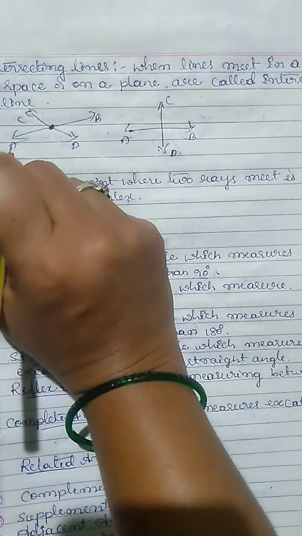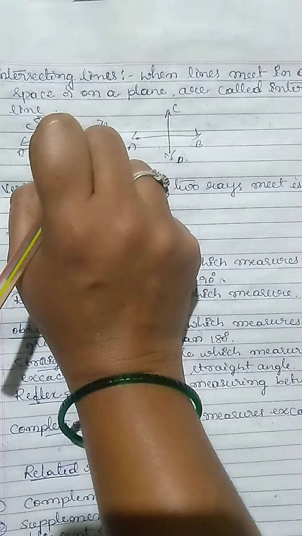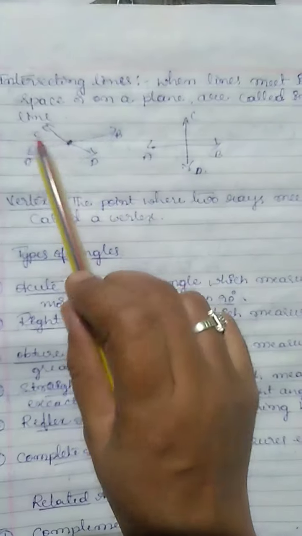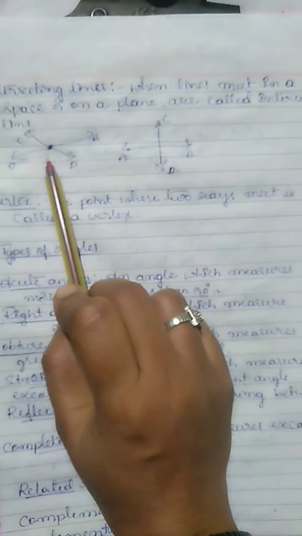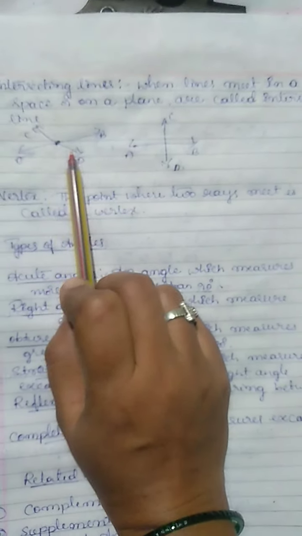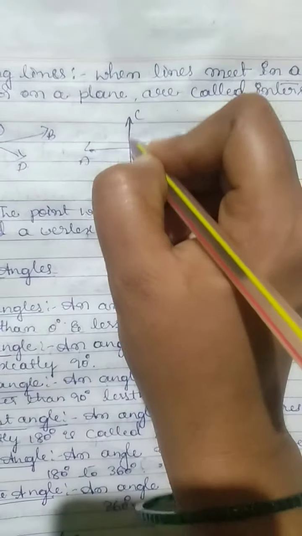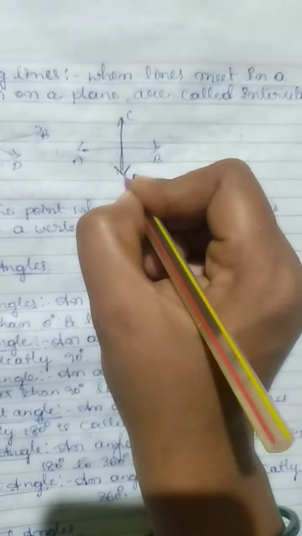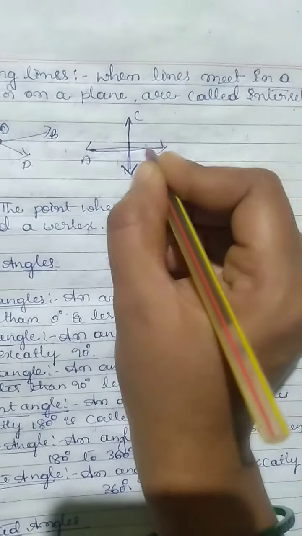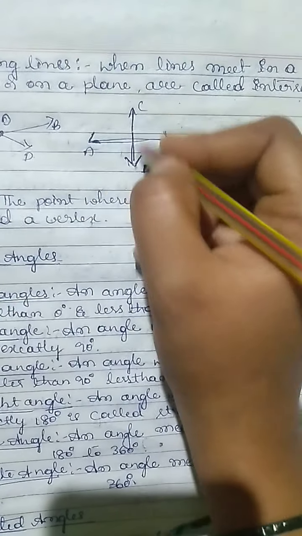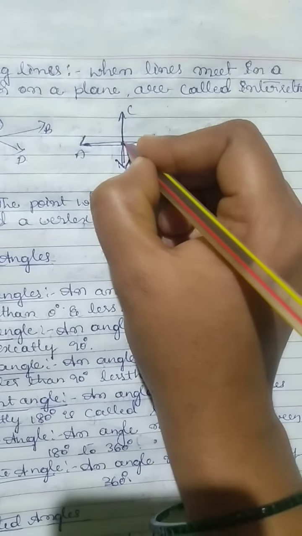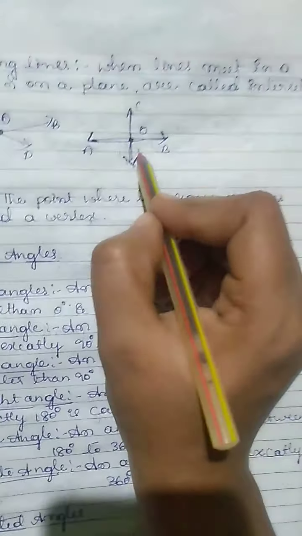AB is one line and CD is another line. These two lines intersect at O. See one more figure. This is the line AB and this is the line CD. These two lines intersect at O. This type of lines are intersecting lines.